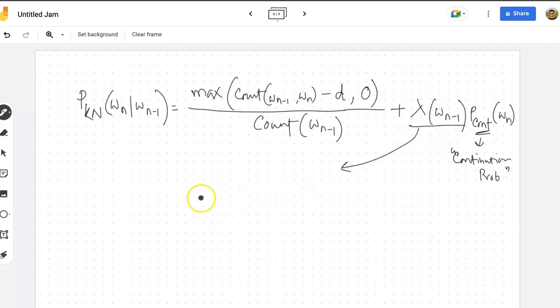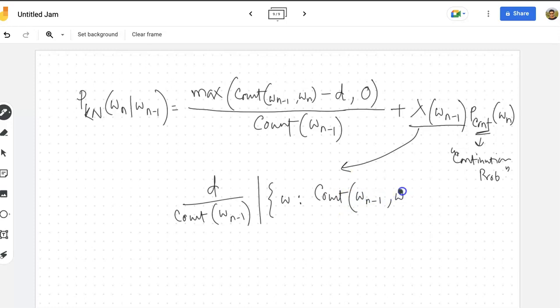The formula is d given count of Wn minus 1, times the number of different words for which the count of Wn minus 1 comma W is greater than 0. So basically, the number of unique bigrams that have this Wn minus 1.